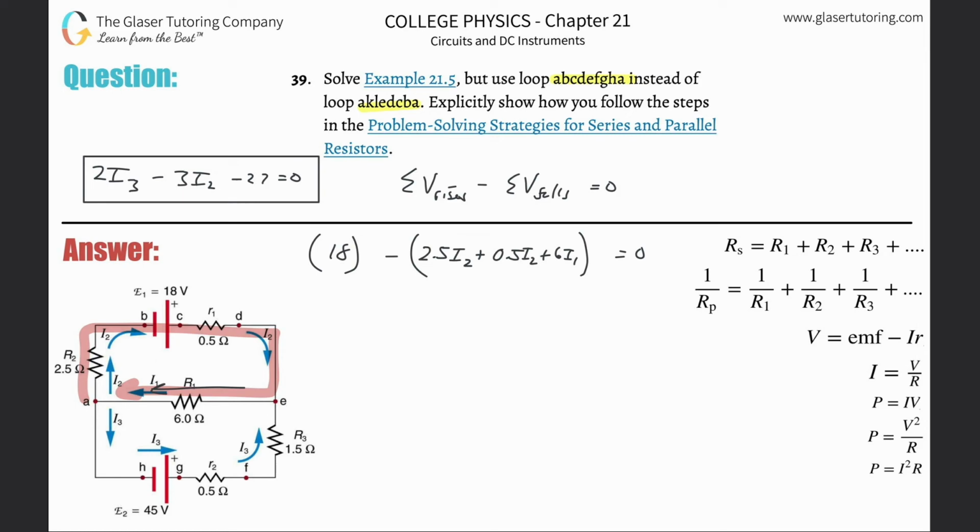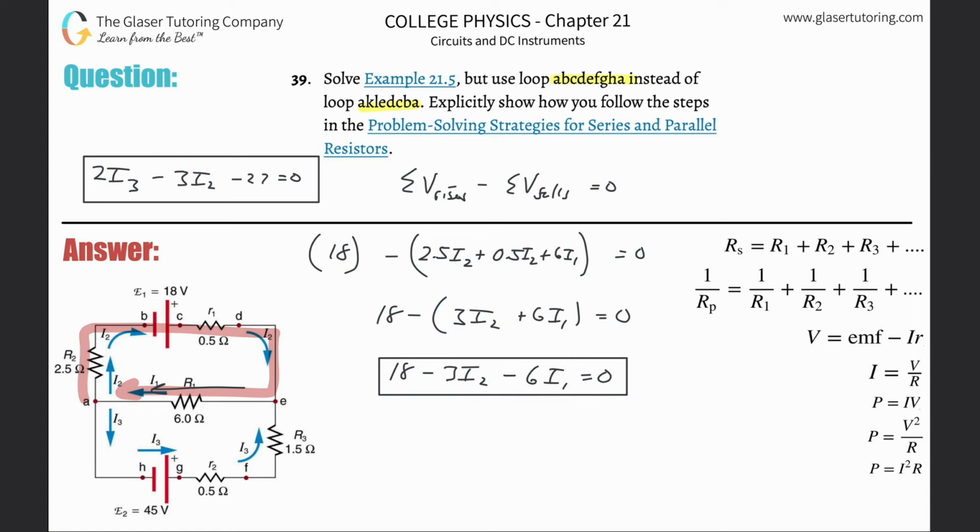Now simplify it if you can. So we've got some like terms in there, right? So we can combine these I2s, and we're going to get 3I2 plus 6I1. And that's going to be equal to 0. All right, and distribute the negative now, if you like. So it's going to be 18 minus 3I2 minus 6I1, and that's all equal to 0.